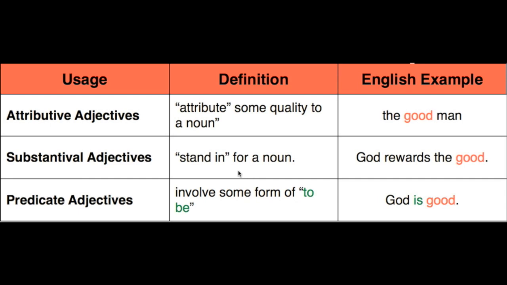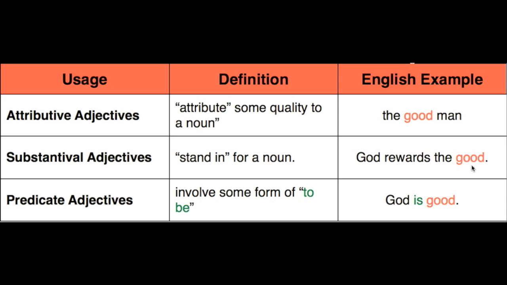In your little Greek grammar, you can find this table where I summarize what I just said to you. We have our attributive adjectives, which attribute some quality to a noun. For example, the good man, good telling us about the man. We have our substantival adjectives, which stand in for nouns. So, for example, God rewards the good.